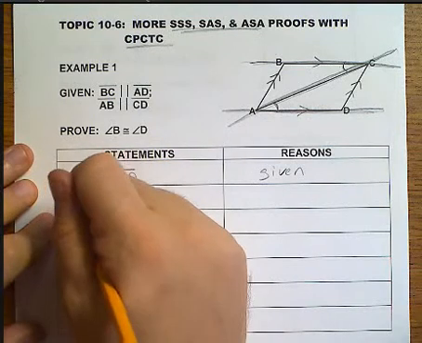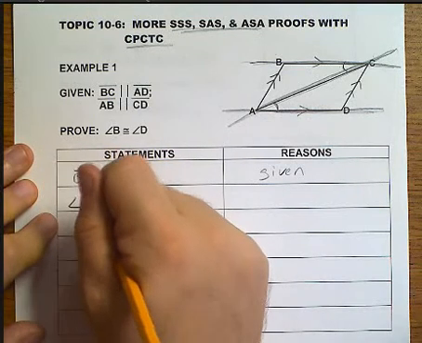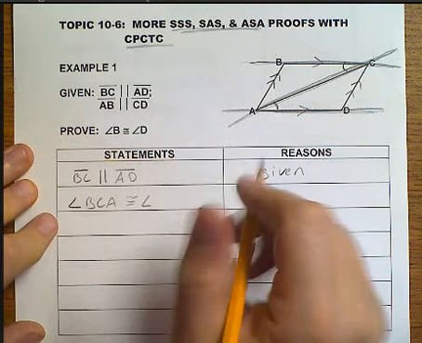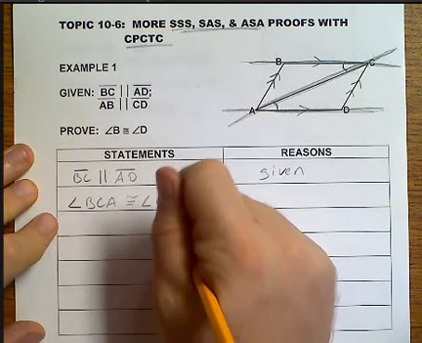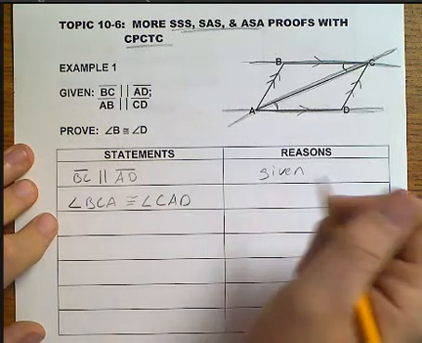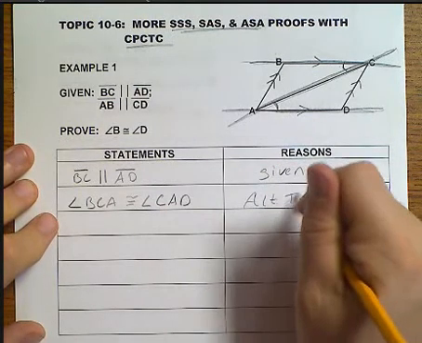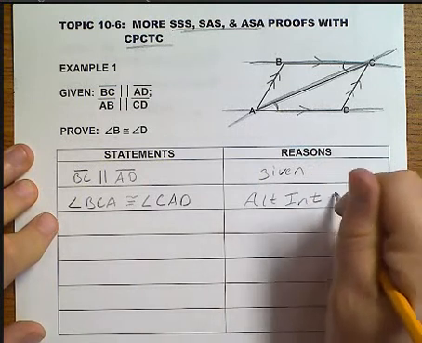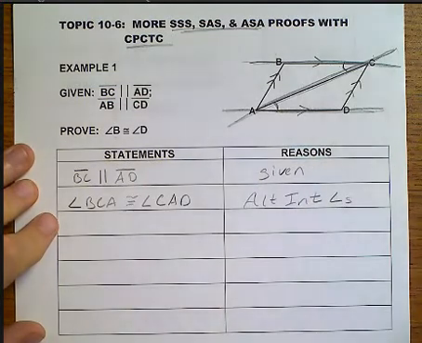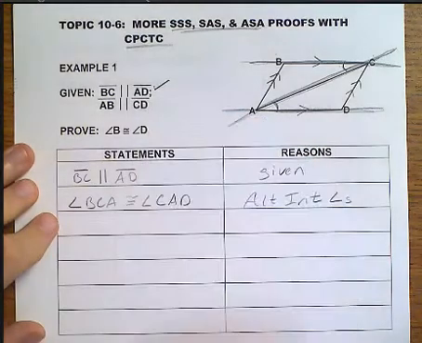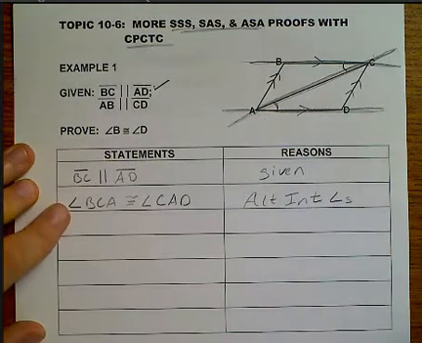So angle BCA is congruent with angle CAD, because these are alternate interior angles. Well, I've used that statement, gotten a congruency. Let's see what else I can find.